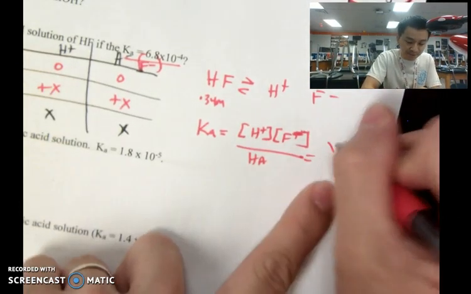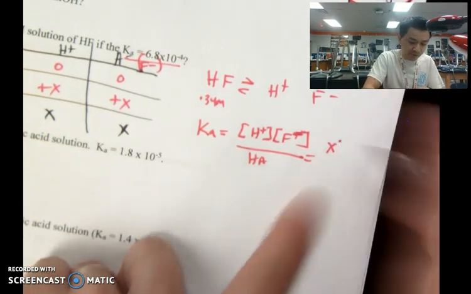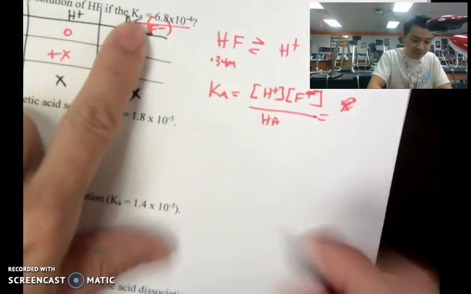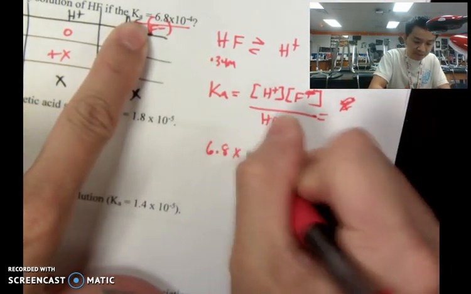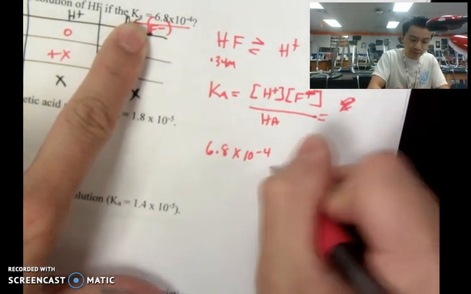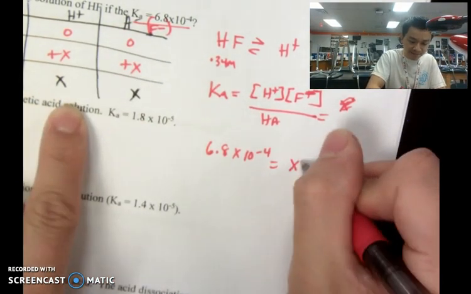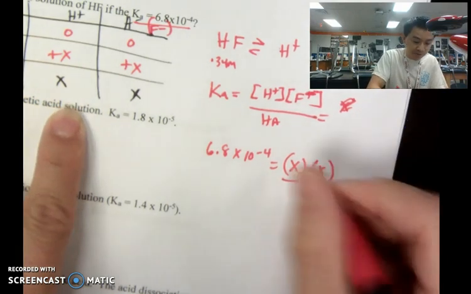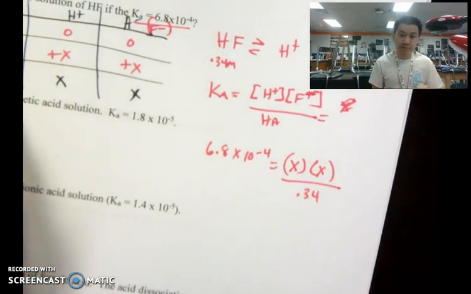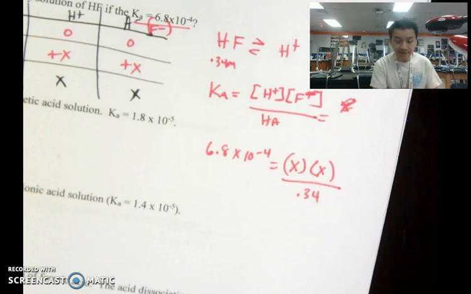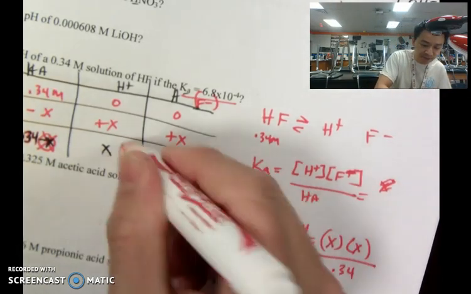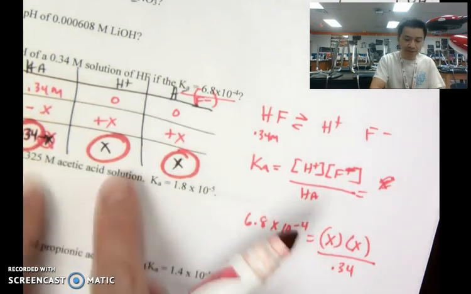And so we plug that into this equation: the Ka, which is 6.8 times 10 to the negative 4, equals the concentration of H, which is X, times X, over 0.34. Okay? So we follow that. We take these three things and plug them into that equation.